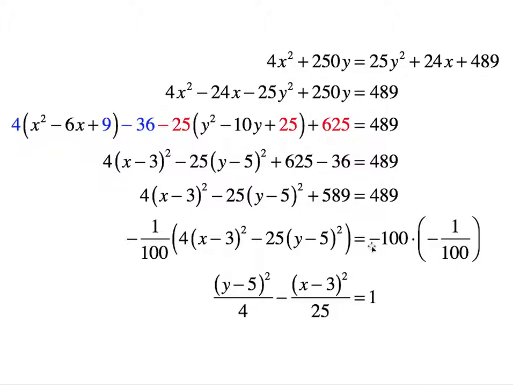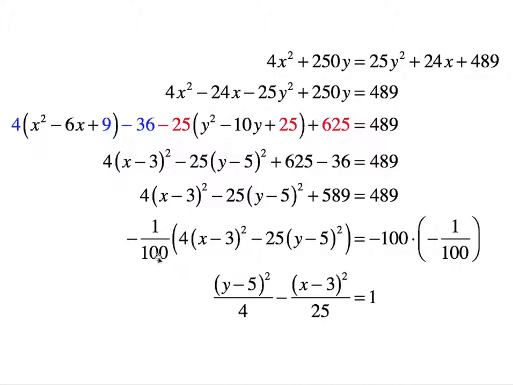Now I don't want negative 100 on this side of the equation, I want 1. And so I multiply by the reciprocal of negative 100, which is negative 1 over 100. And when you multiply those two together, you get 1. When you multiply them on this side, the negative 1 over 100 times the 4 times the x minus 3 squared makes this term negative.